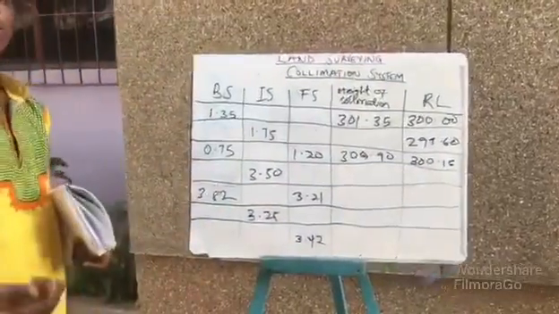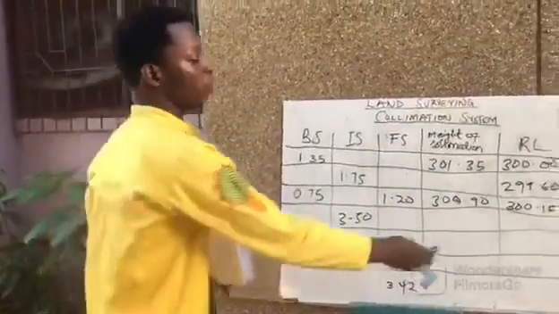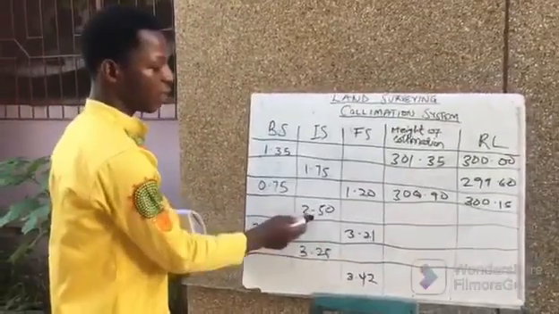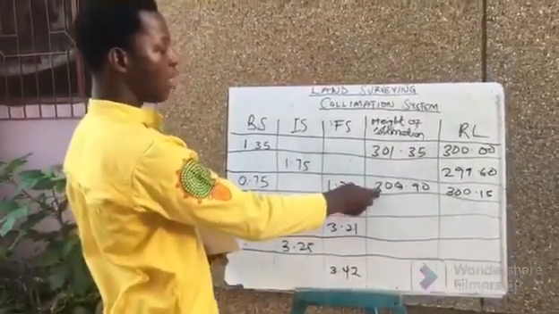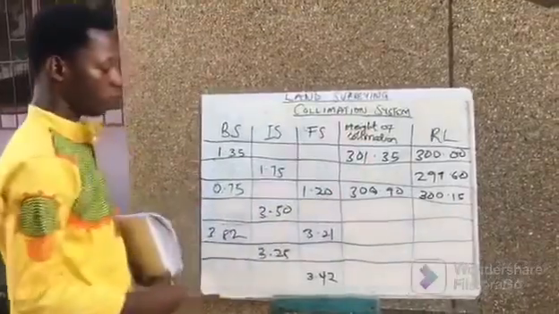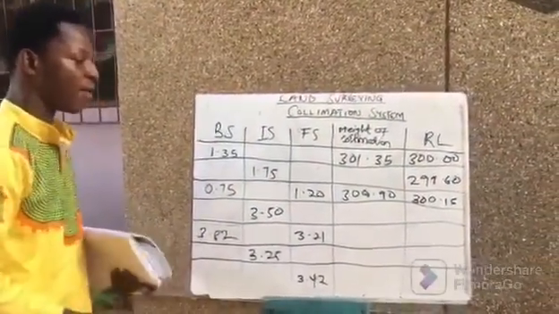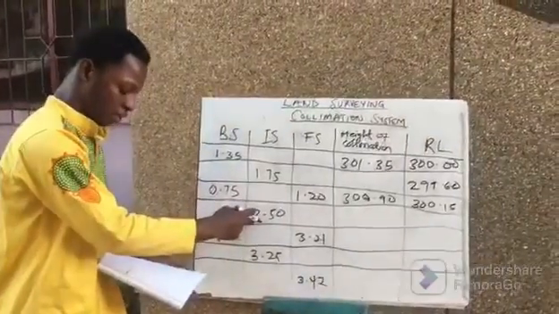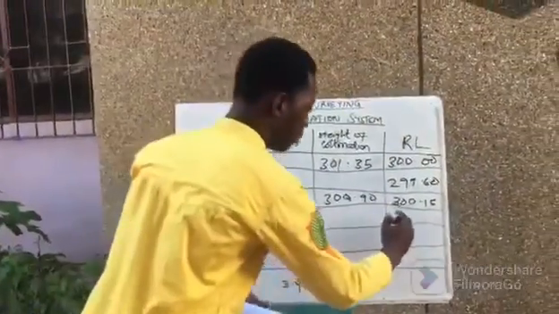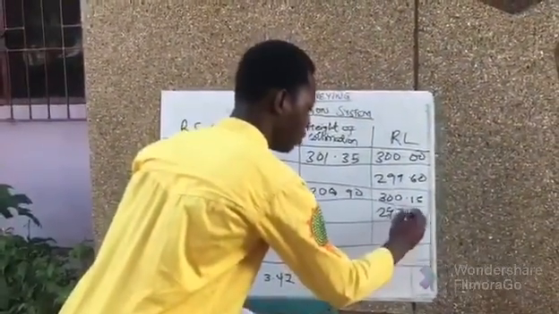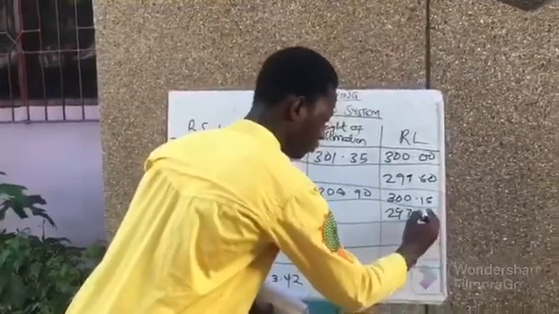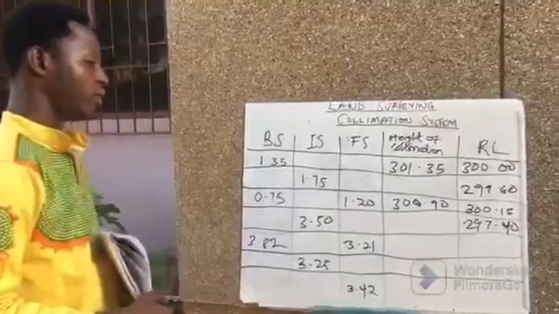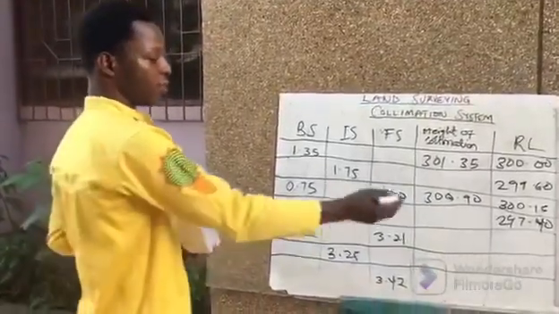In order to find the next reduced level, I have to subtract from our new height of collimation. So 300.90 minus 3.50 is going to give me 297.40, my next reduced level.